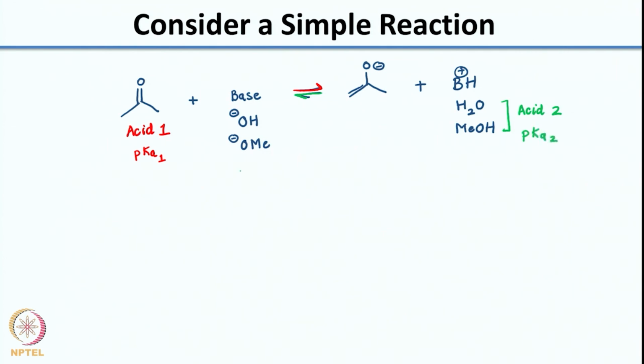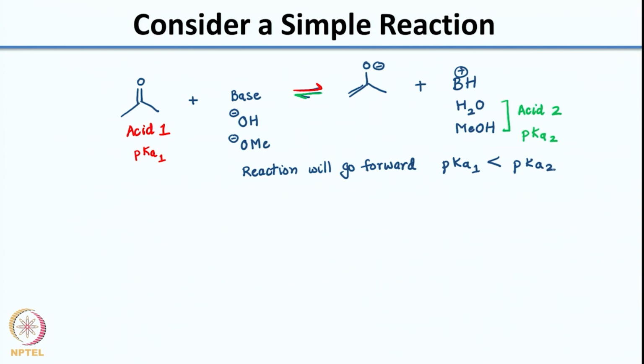So the reaction will go forward in which scenario? When pKa 1 is less than pKa 2. Remember, lower pKa means stronger acid.